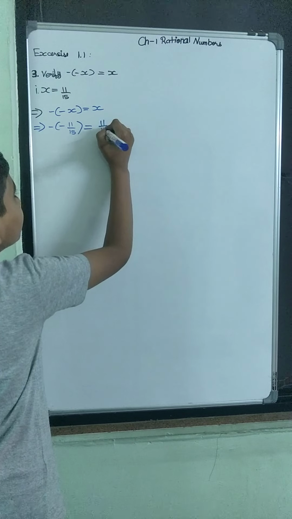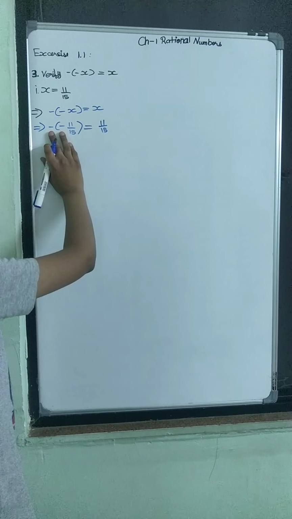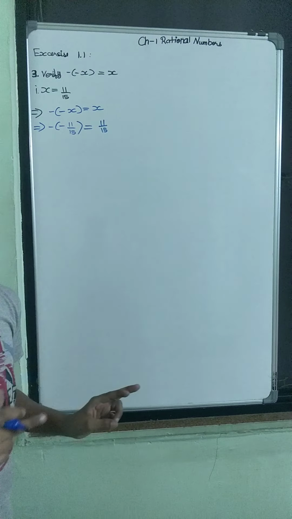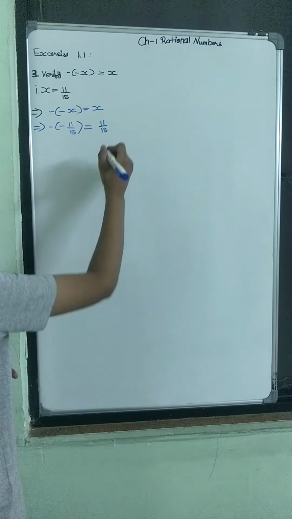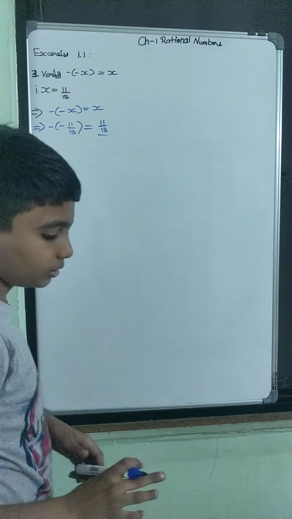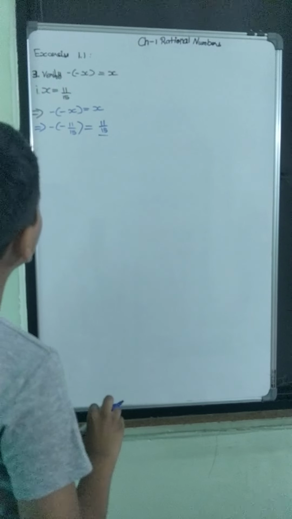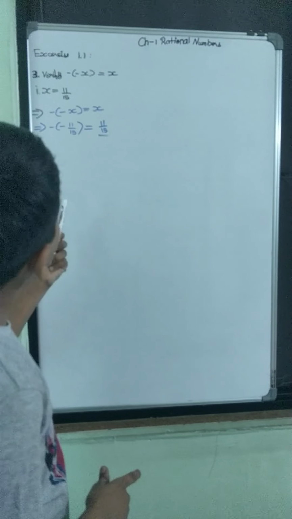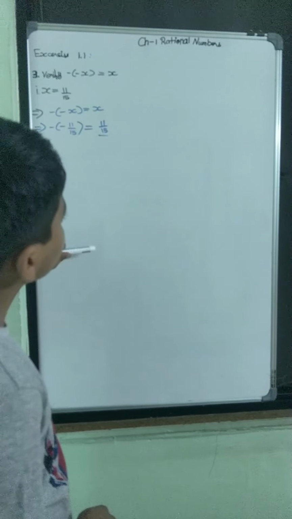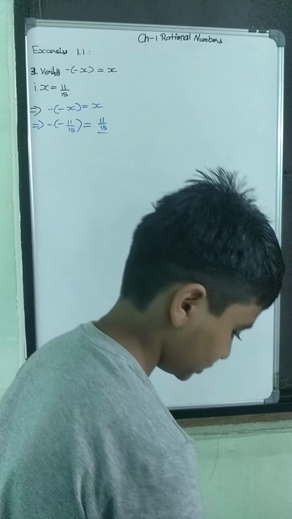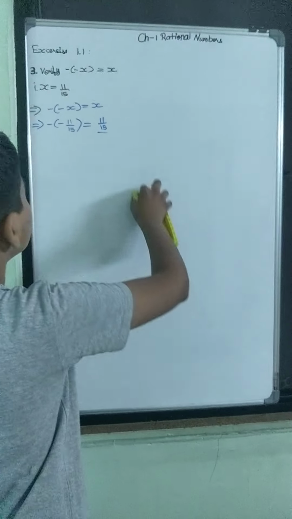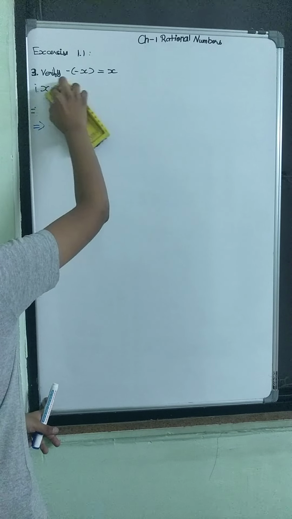How did it come? First of all, there are two negative signs, so minus times minus gives plus. Therefore 11 by 15. Okay, did you get it? So this is how we get the positive number in the minus minus x equals x equation.